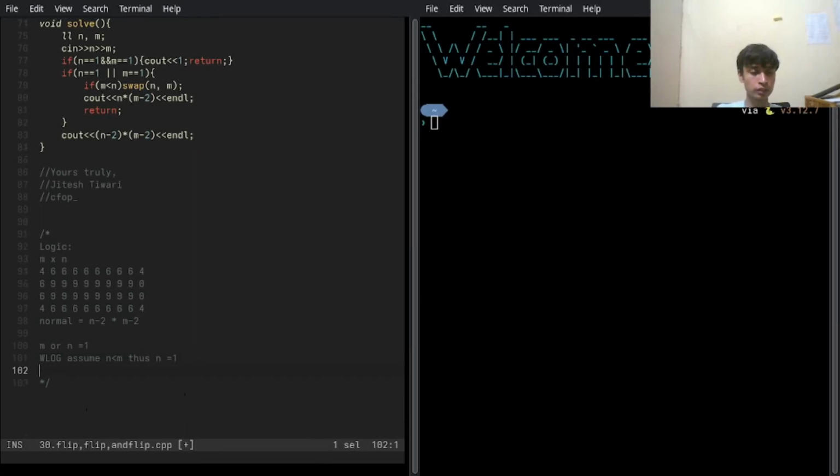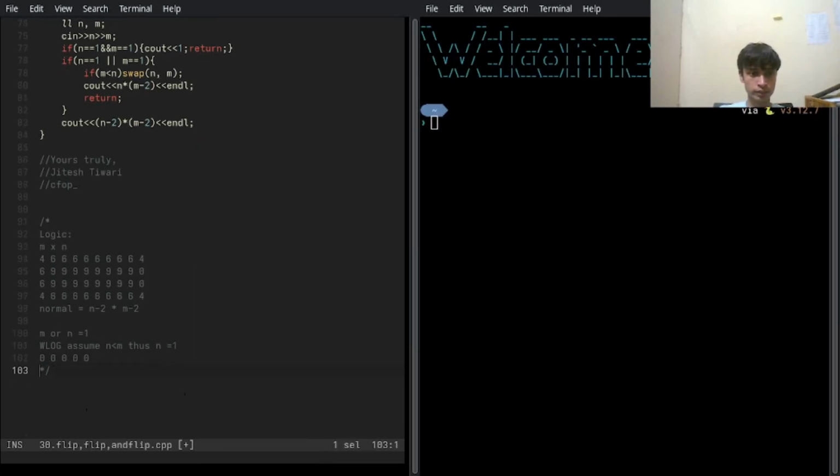In that case, it would look something like 0, 0, 0, 0. Let's assume the case with 7, because it was an example. So 1, 2, 3, 4, 5, 6, 7. So this would be flipped twice, one by itself and one by the one inside. This would be flipped thrice, thrice, thrice, thrice, thrice, twice.